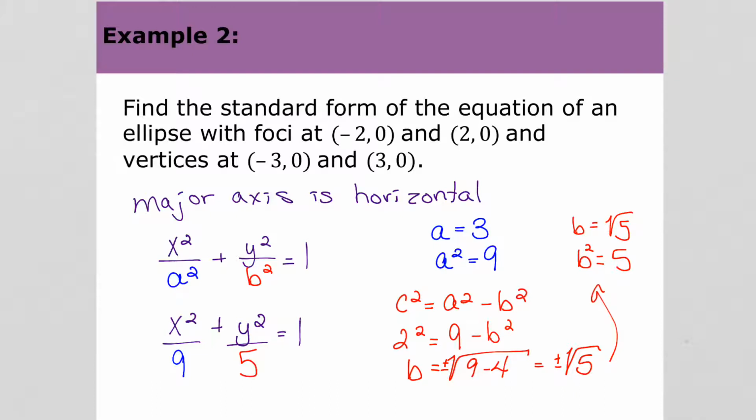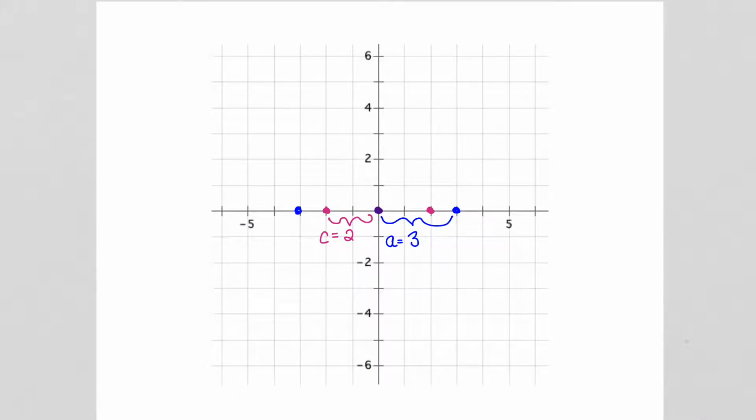Now, in order to graph our ellipse, we need to know what b is as a decimal. So that is approximately 2.24. So our other vertices will be at (0, -2.24) and (0, 2.24).